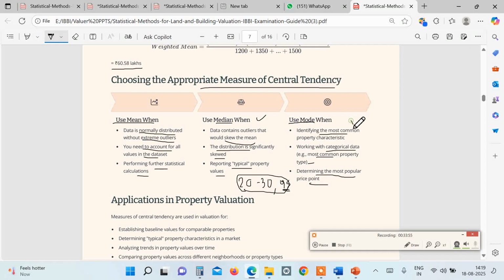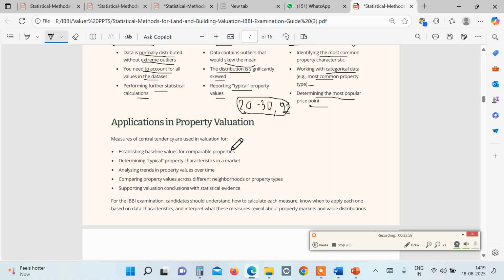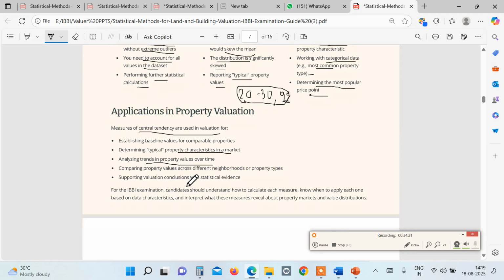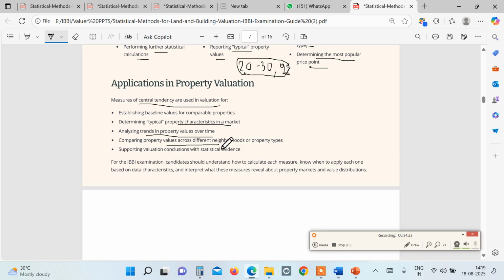So application, how this mean, mode and median are used in property valuation. Measures of central tendency are used in valuation for establishing baseline values for comparable properties, determining the typical property characteristics in a market, analyzing trends in property values over time, comparing property values across different neighborhoods or property types, and supporting valuation conclusions with statistical evidence.